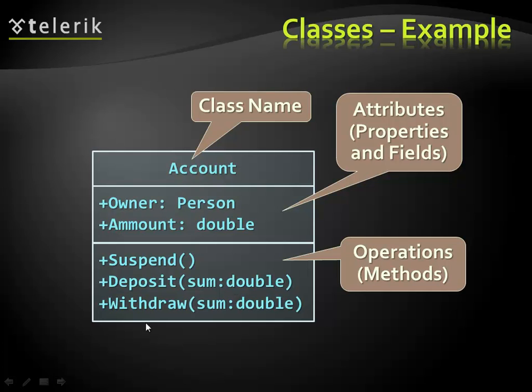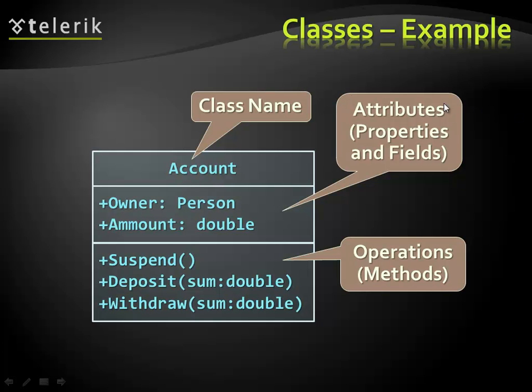So here is a very rough scheme of a class of an account. A class must have a certain name, and here we have certain properties of the class. Those could be named properties and fields. These are usually different, referring to two different parts of the class. We'll see the difference between them.